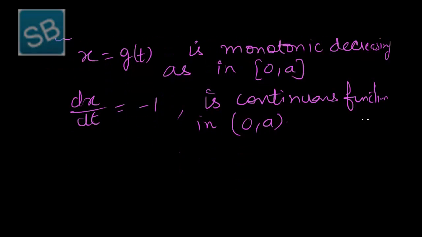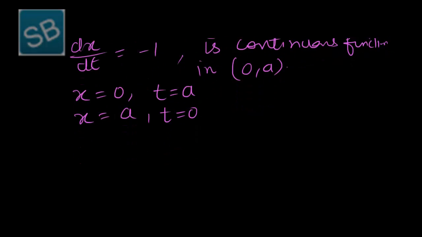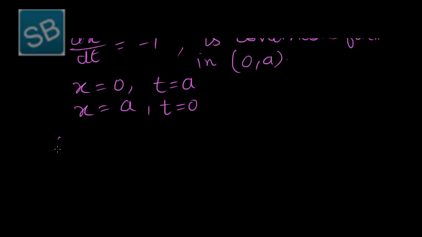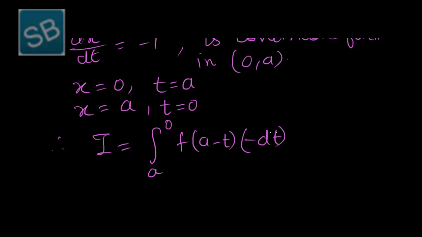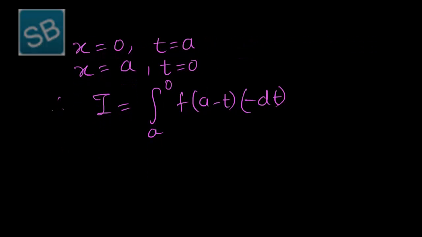Also we have to find the values of alpha and beta. When x is equal to 0, t is equal to a, and when x is equal to a, t is equal to 0. So by the method of substitution, I becomes integral a to 0 f of a minus t times minus dt. So we get minus of integral a to 0 f of a minus t dt.